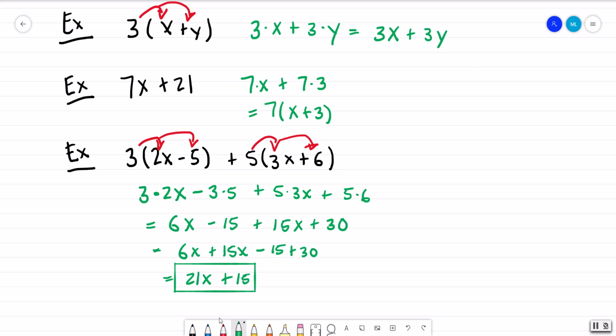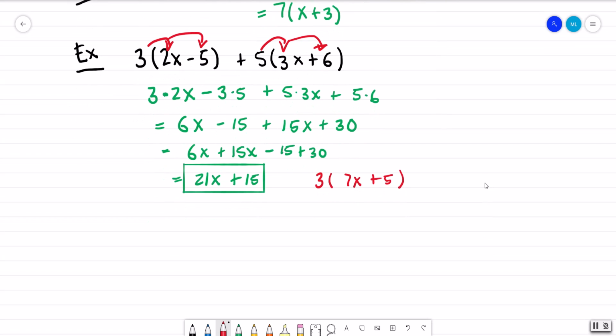Now, interestingly enough, you could probably rewrite this by doing the reverse distributive, where you could take out a 3 and say that's 3 times 7x plus 5. But that's only if they want you to reverse the distributive property.